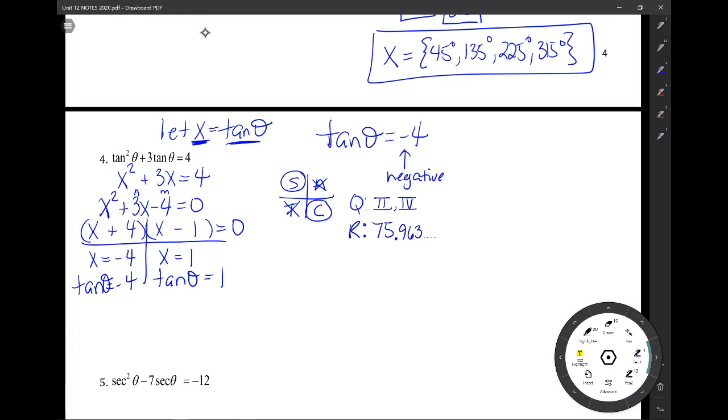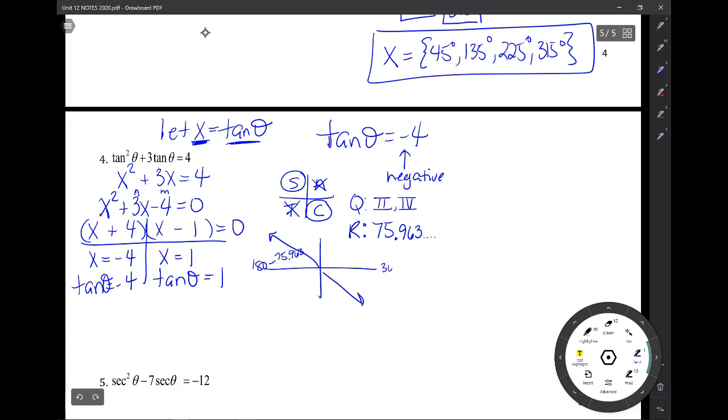So if I have a 75.963 angle in quadrant 2, to find that in quadrant 2, I do 180 minus the 75.963 and so on. That's going to give me that angle. The other one, remember, is in quadrant 4.